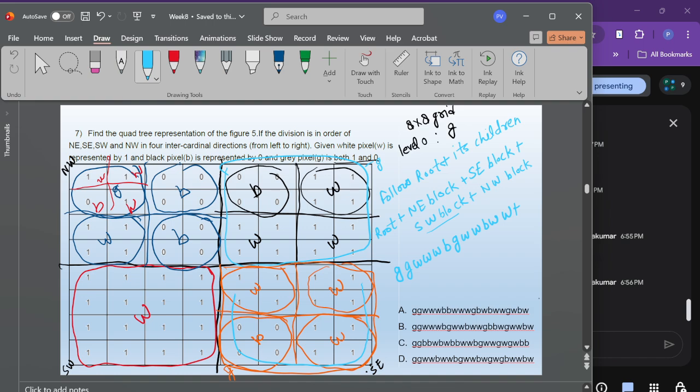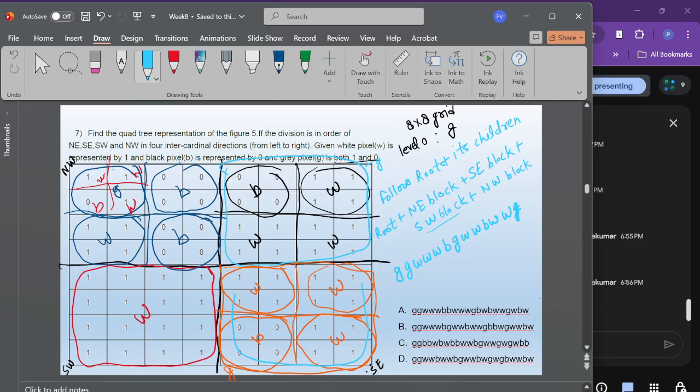So in the NW block, if overall you check, it is a G, then it is able to divide it. Okay, we will write here G. Then its subchildren.